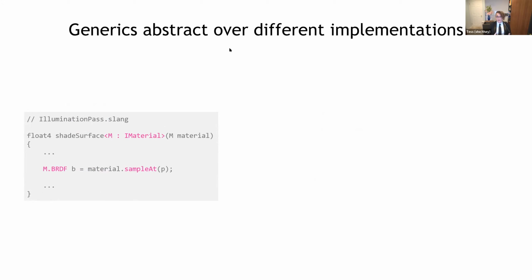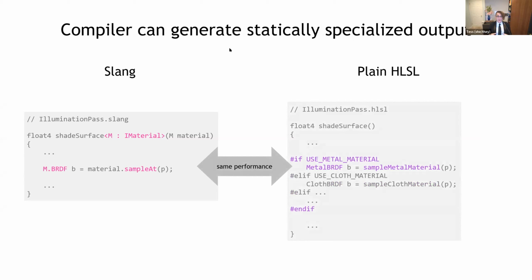And within the body of this function, it can use the operations and types provided by that interface, but the compiler can statically check that it doesn't use any operations or types not provided by the interface. And then at compilation time, if the application tells the compiler what type to use for M statically, the compiler can generate fully specialized output with comparable performance to those preprocessor-based techniques they might have used in plain HLSL.